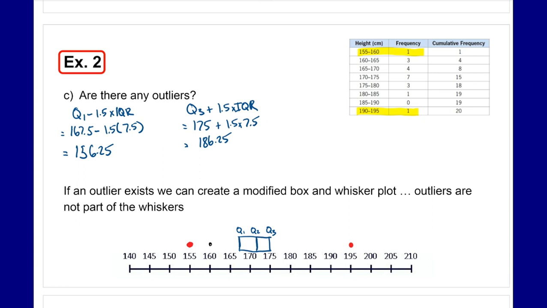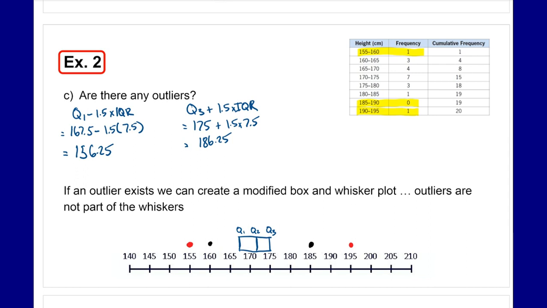So we can put a mark at 160, our potential low value. And our new high value is possibly 185, because there's a value within that category. Technically, if we wanted to go back and highlight anything potentially in that interval as well, the 185 to 190 would be considered an outlier.